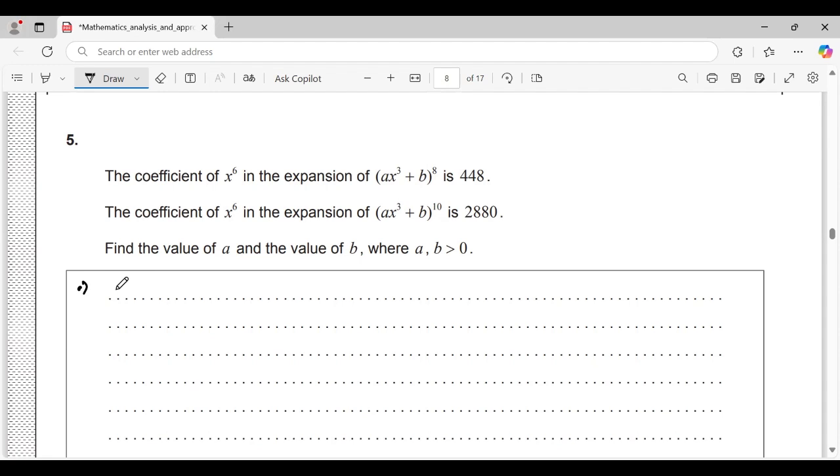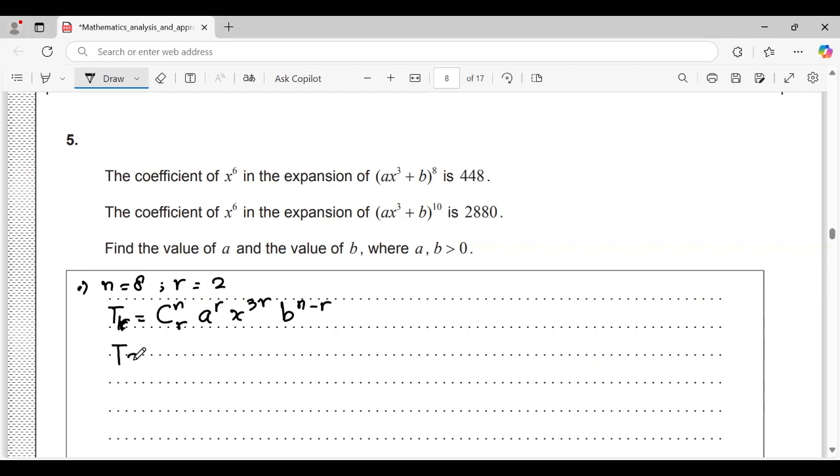The first step. For n equal 8, the term corresponding to x power 6 occurs when r equal 2. And we are going to use the binomial formula that T r is combination n r, a power r, x power 3r, b power n minus r.